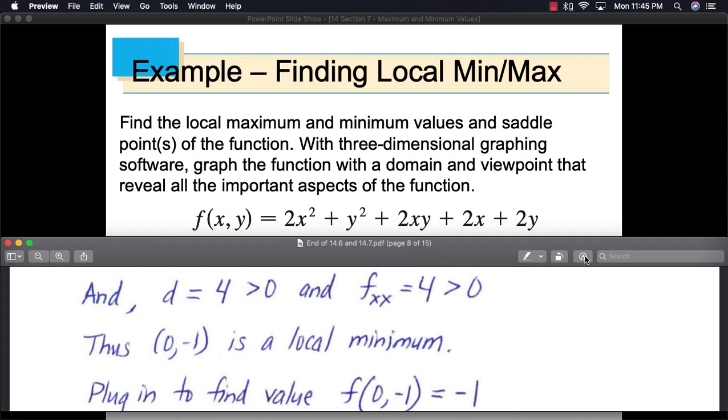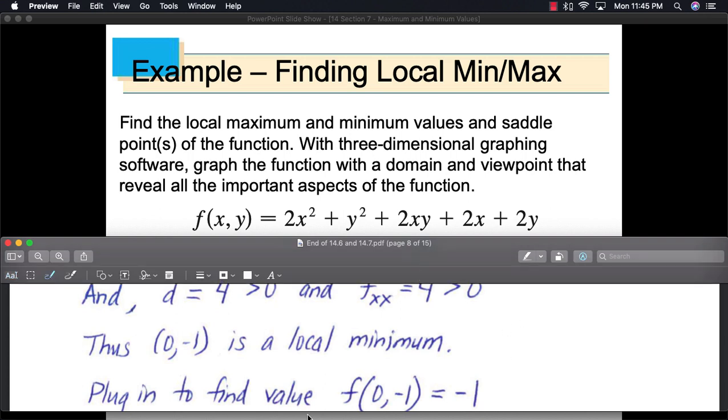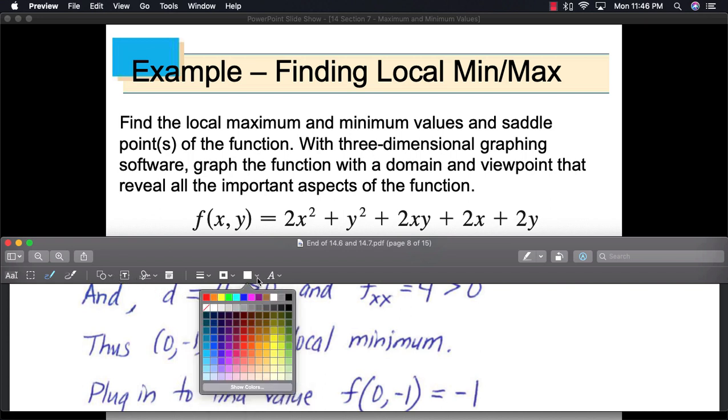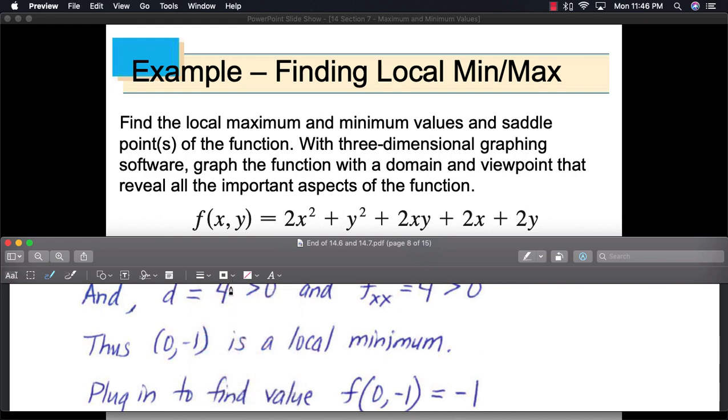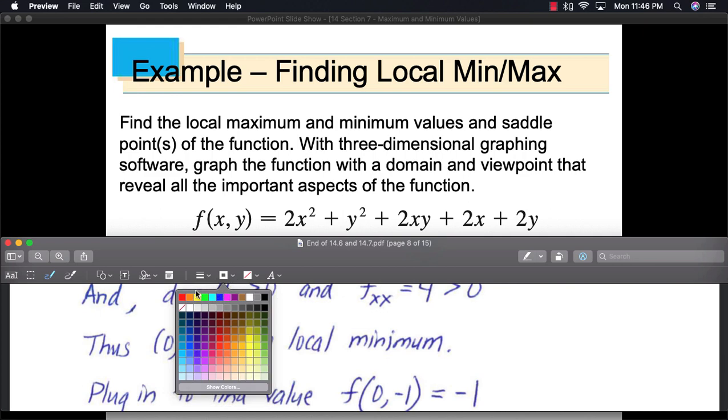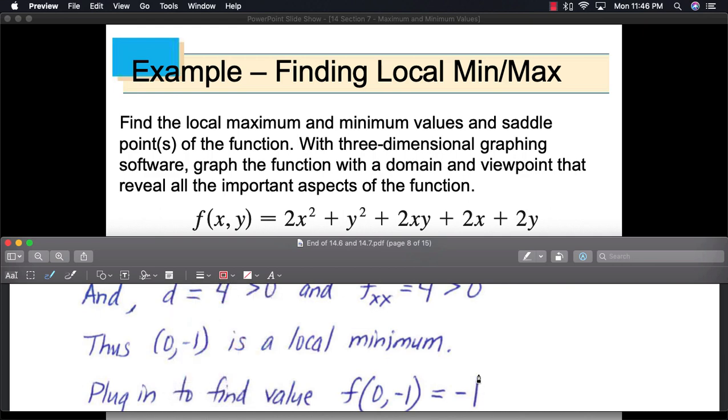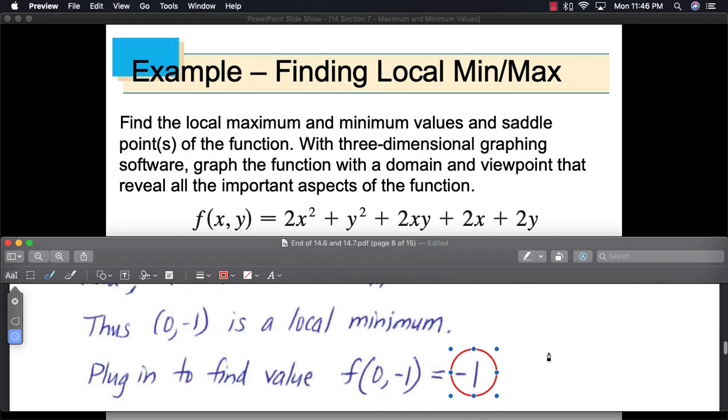So actually, guys, right over here would be the answer. The answer to this particular problem is going to be this -1 value right here.